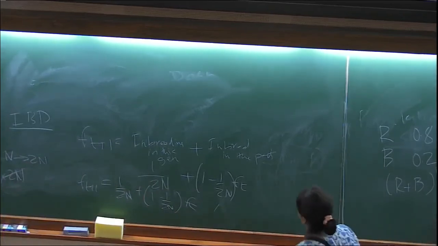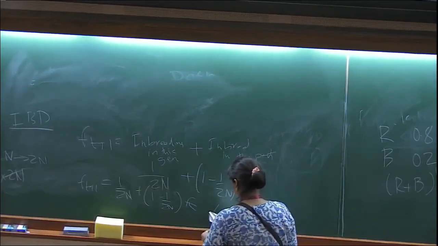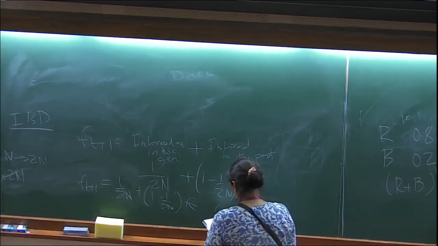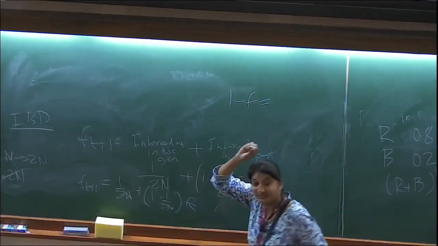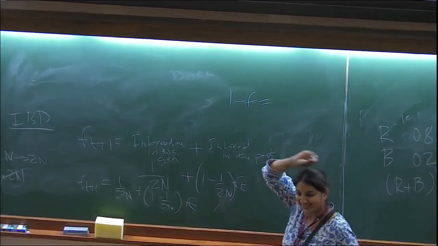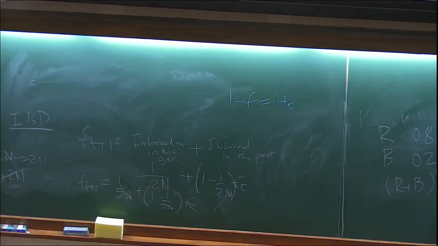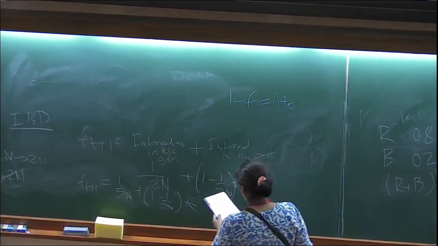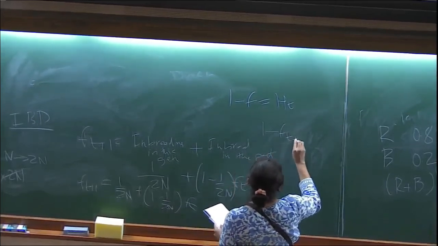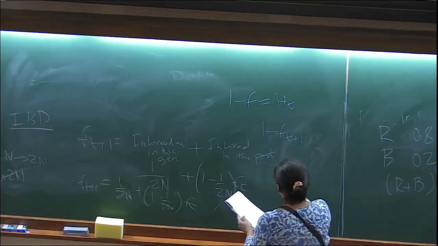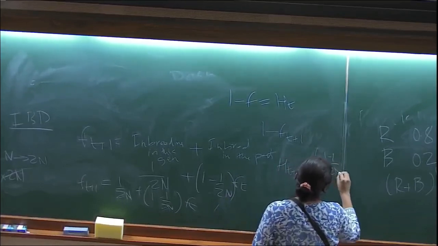And if you write it out, by the way, also 1 minus f is what? ht. Okay? Heterozygosity. Not being inbred, being outbred, right? So basically, you can work this out as well. If you do 1 minus ft plus 1, which is ht plus 1, it is equal to 1 minus 1 by 2n into ht.